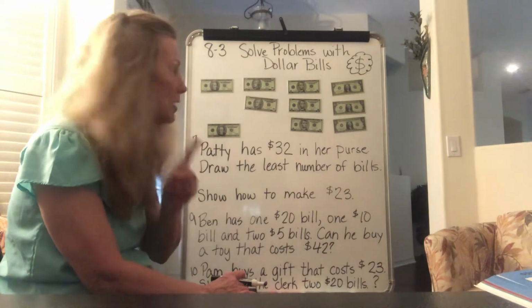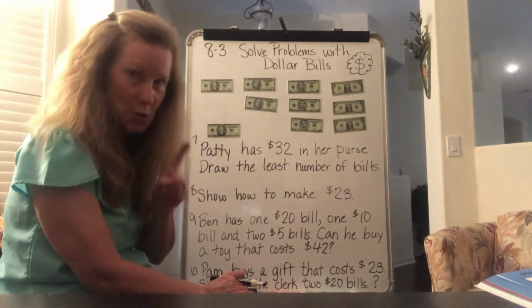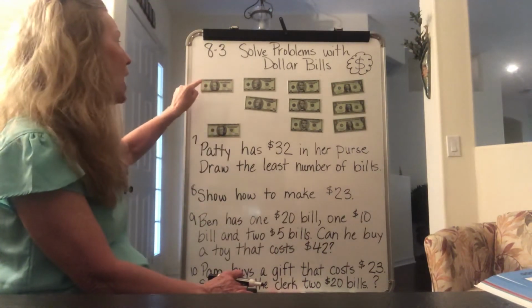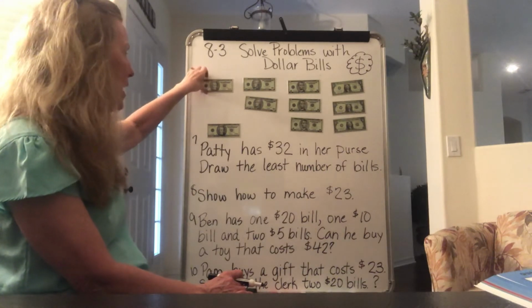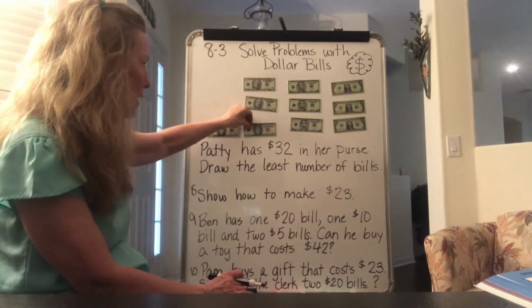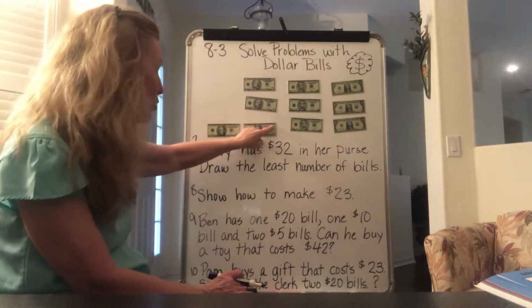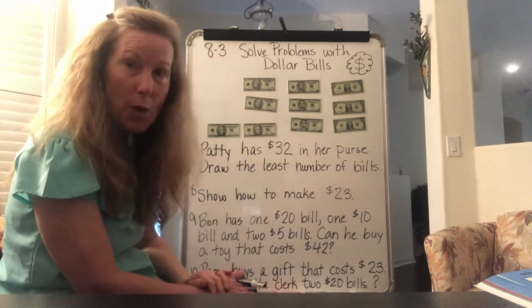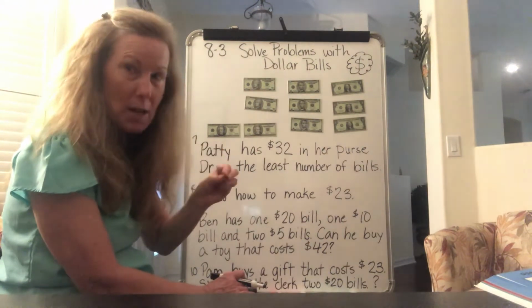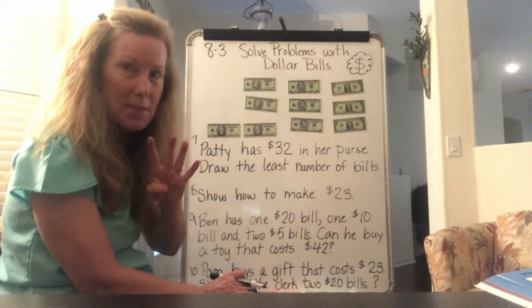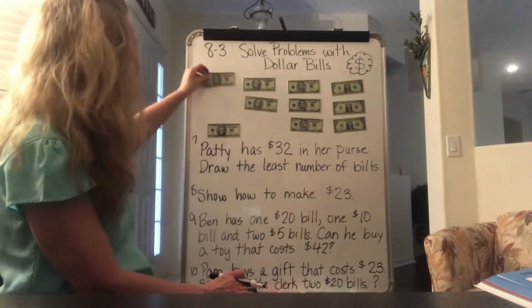Now, just like with your coins, I said to do this. Try another 20. Can you use another 20? 2 and 2 makes 4. So 20 and 20 makes 40. That's right. So no, you can't do that.